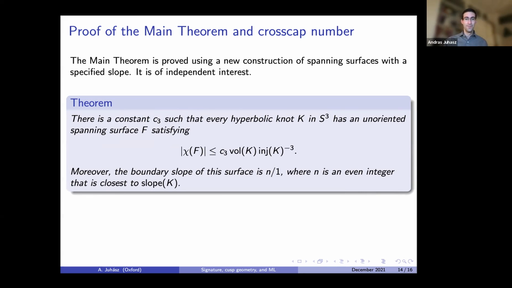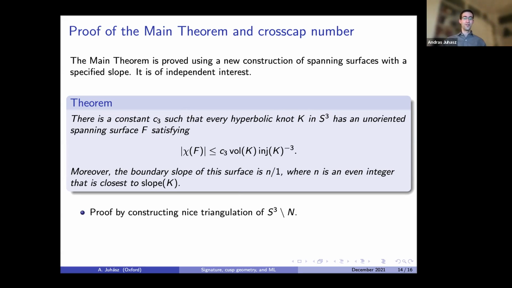injectivity radius. Furthermore, the boundary slope of the surface is n, where n is the even integer closest to slope k. So it gives some information about the cross-cap number of the knot if you fix this specific boundary slope.